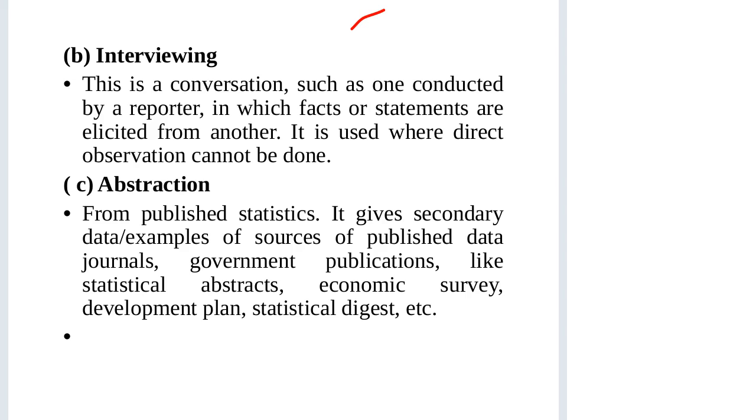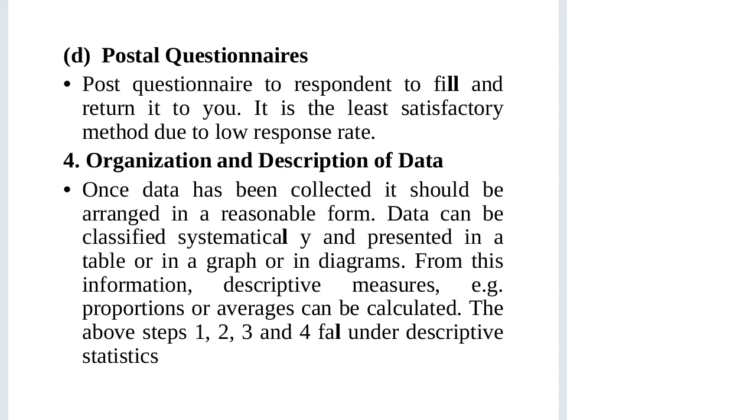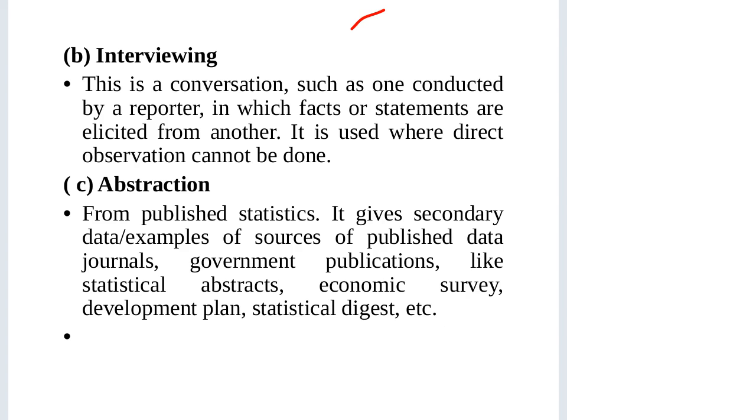So we simply go to the economic surveys, pick the information from there, and then carry out our study using the data that we have abstracted from the economic surveys. So we can use abstraction.